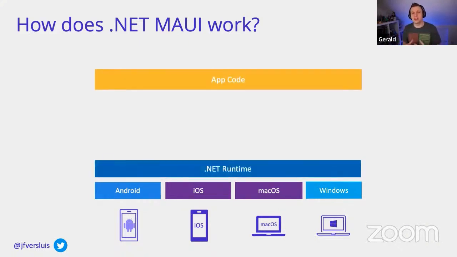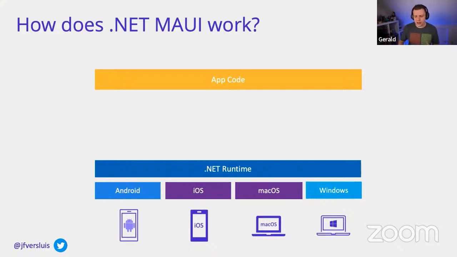Well, first we need the .NET runtime. That's where all your .NET code is being run through, right? And if you know a little bit about the history, then for Android, iOS, and macOS, it still uses Mono, which is an open source implementation of the whole .NET framework. And on Windows, it goes through CoreCLR.